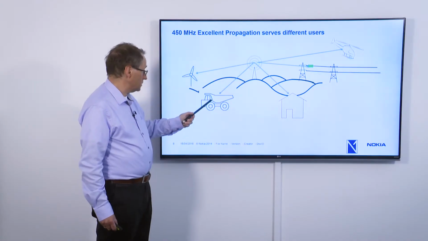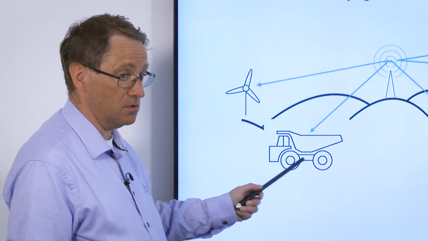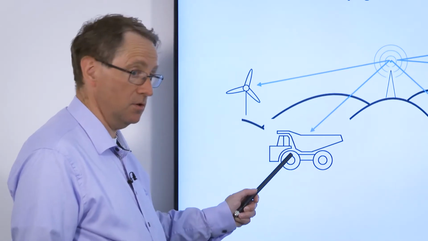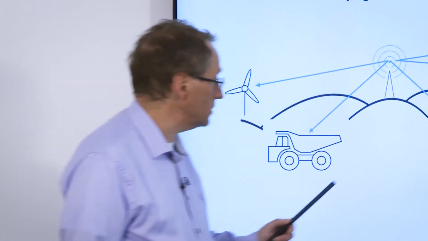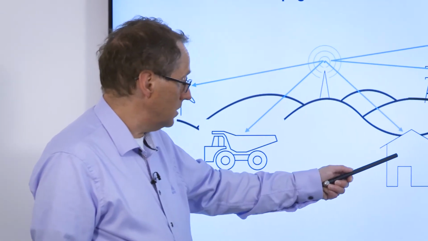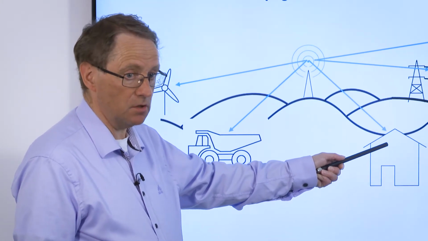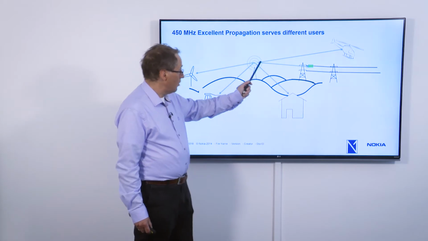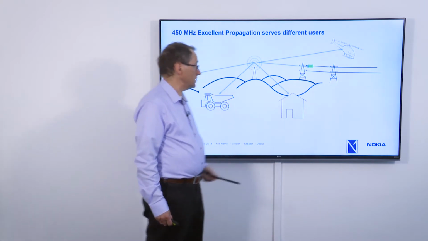You cover the trucks going down in a hill or down in a valley, because the signal goes deep into valleys. It doesn't just go over like higher frequencies. Homes, housing can be IoT, can be metering, can be smart house. Power line, very often the power grid also needs surveillance.